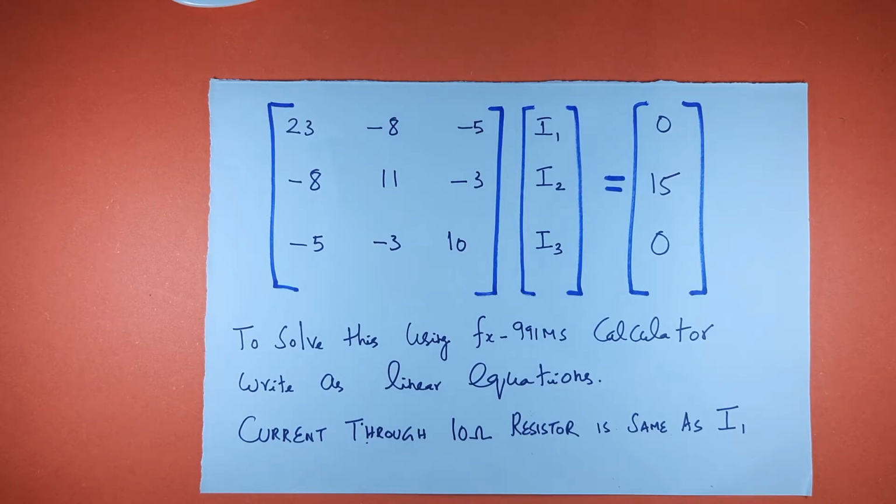So you can write 23, minus 8, minus 5; second row, minus 8, 11, minus 3; third row, minus 5, minus 3, 10, and 0. Okay. So this is the circuit equation in matrix form.